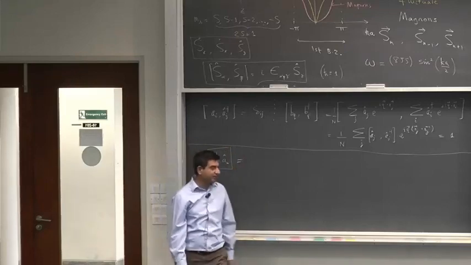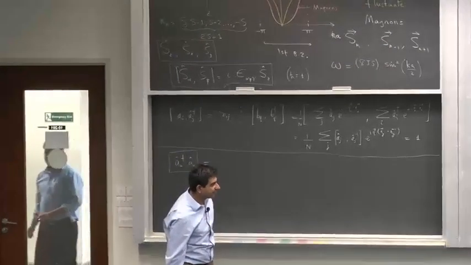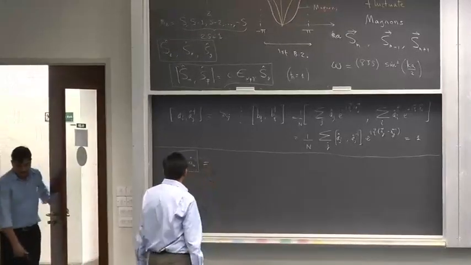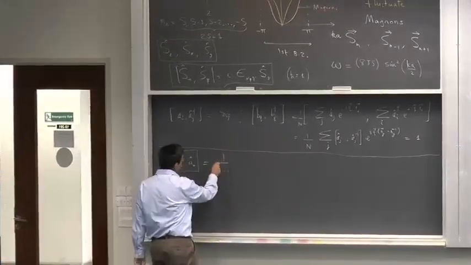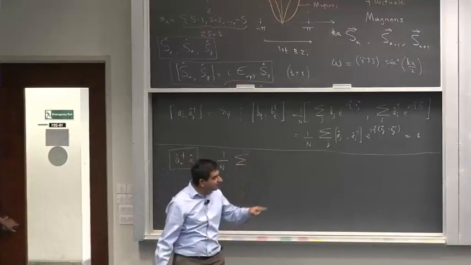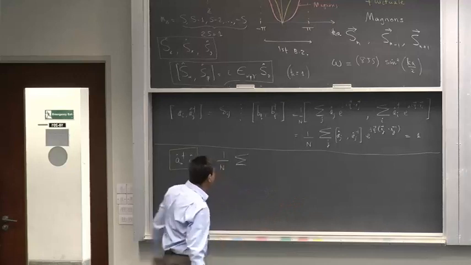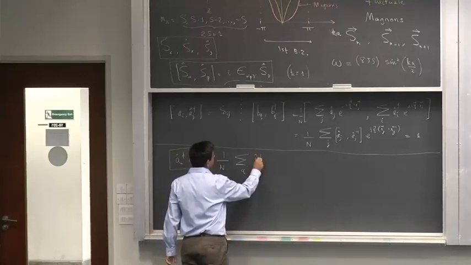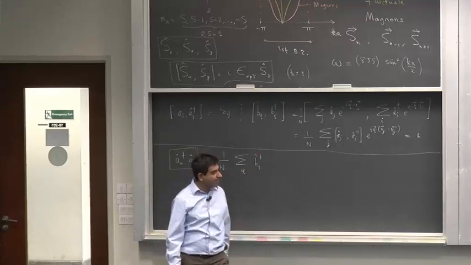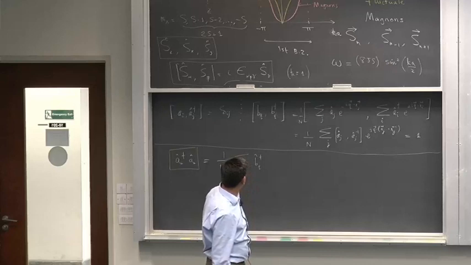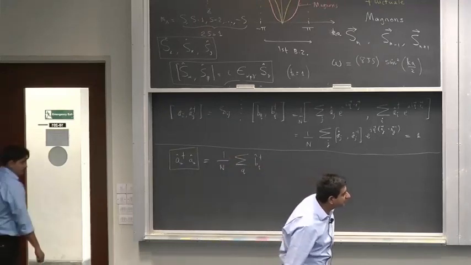Now I would like to express this in terms of the Fourier components. This is going to be equal to 1 over N, sum over q, b_q dagger e to the minus i q R_m.